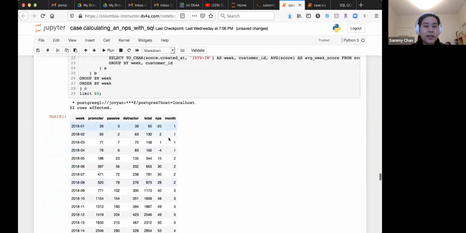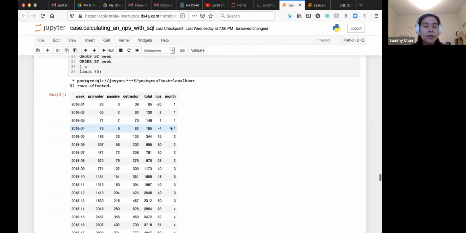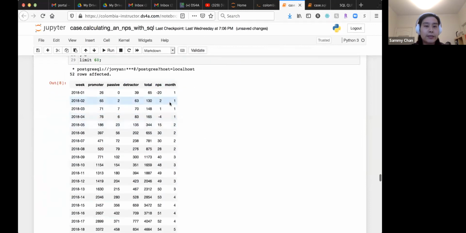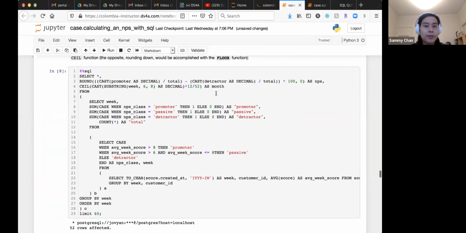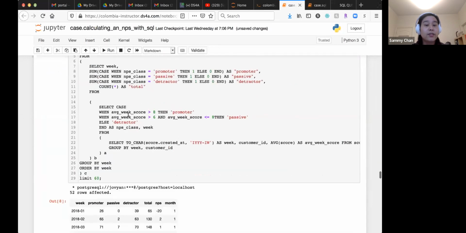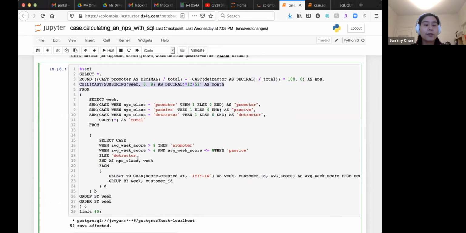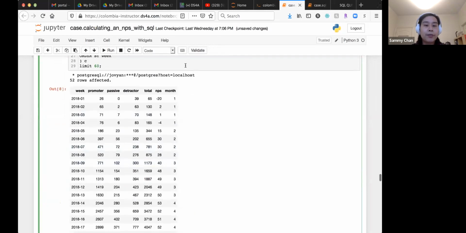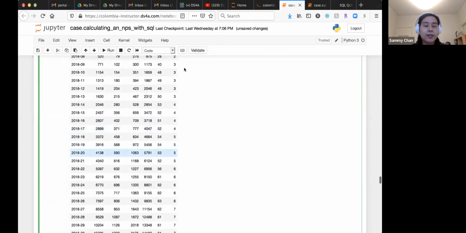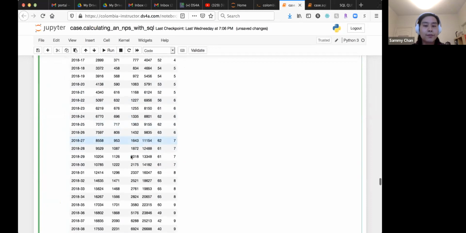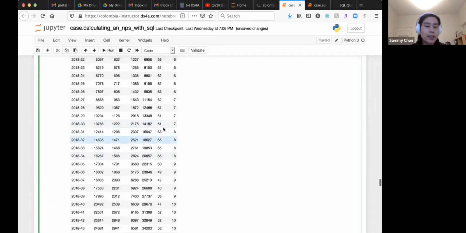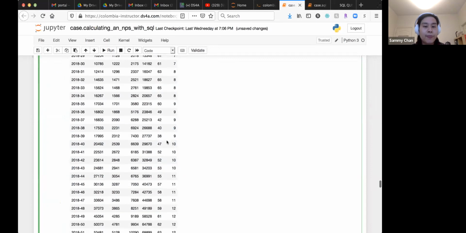So we successfully calculated the month number as a new column here, just as months. So what we did was just copying the exact same table, but then we wanted to compute an extra column of months assigned to the week. So here we would see the week and its corresponding month.